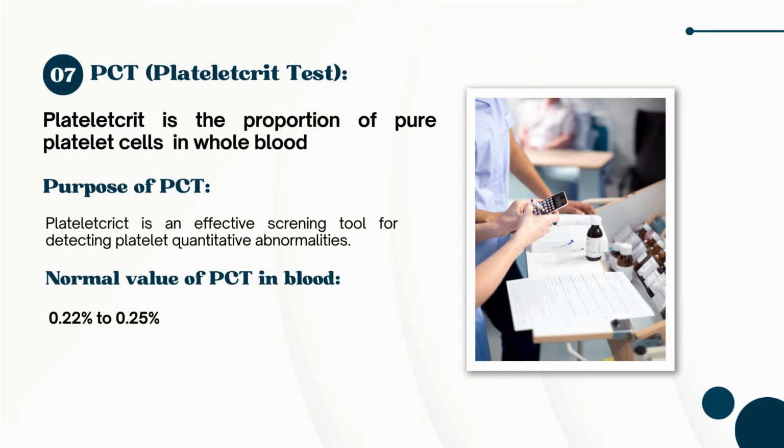Number 7. PCT, plateletcrit test. Plateletcrit is the proportion of pure platelet cells in whole blood. Purpose of PCT. Plateletcrit is an effective screening tool for detecting platelet quantitative abnormalities. Normal value of PCT in blood, 0.22% to 0.25%.